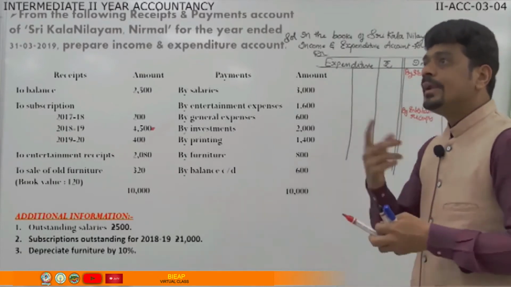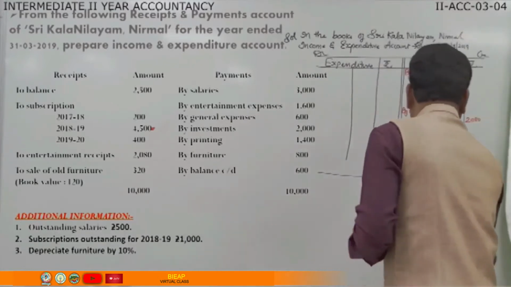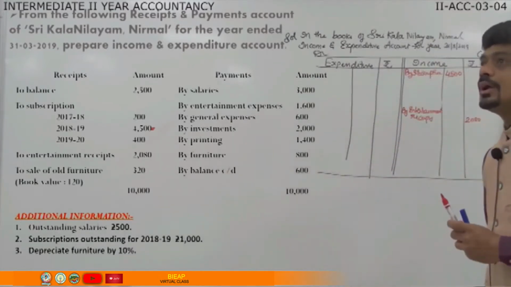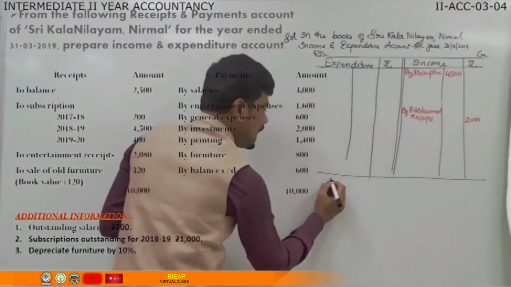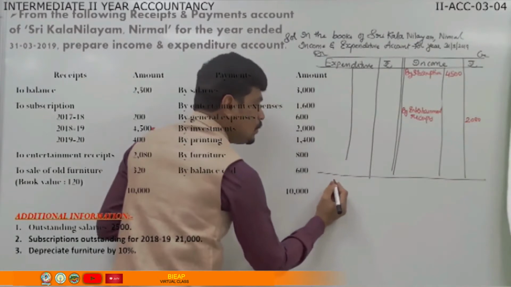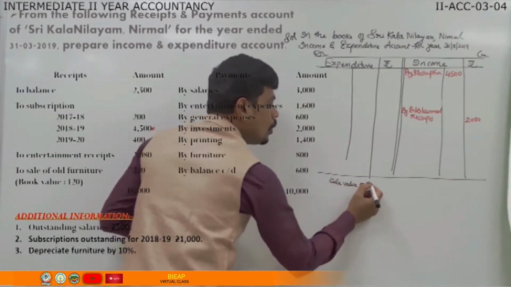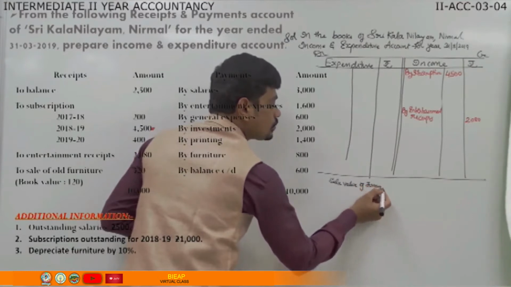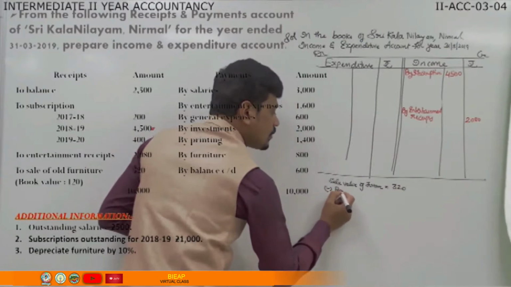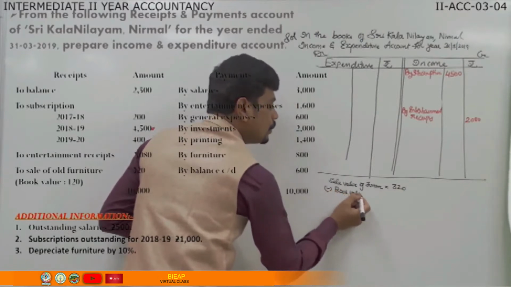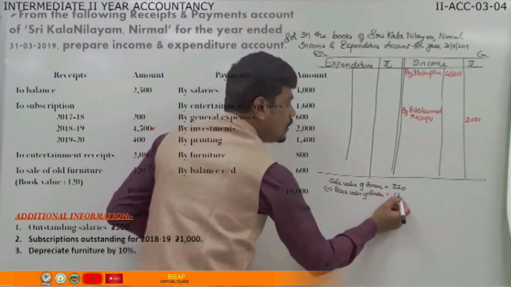So what you do? Better to have a good idea, so that there should not be any confusion while revising. You do working notes. Doesn't matter. So you go to working notes and write which is more value? Sale value. So you write like this. Sale value of furniture 320 minus book value of furniture 120.